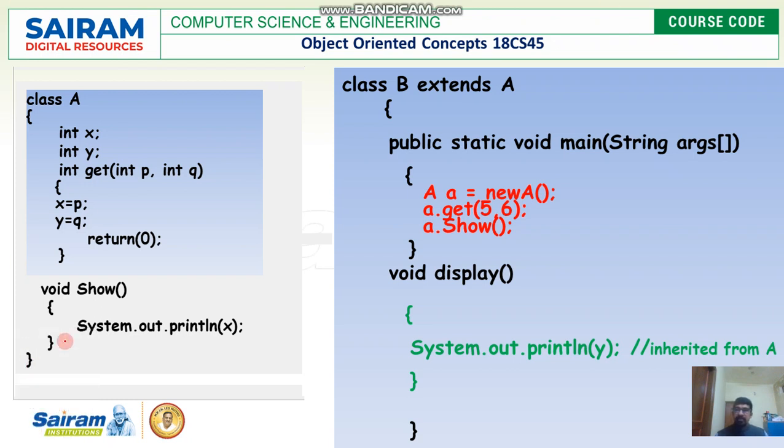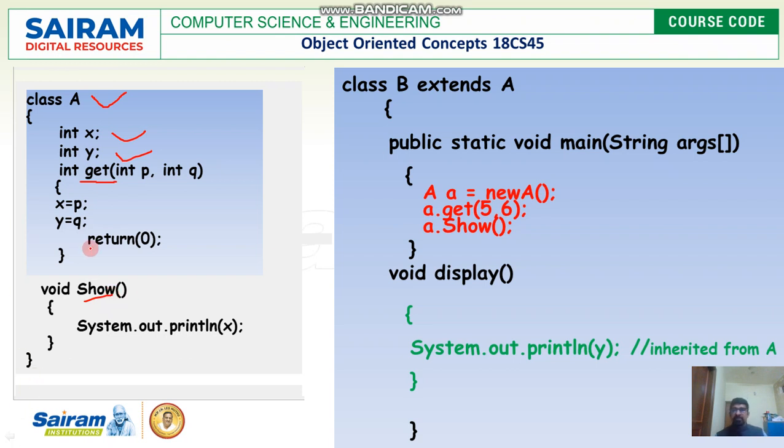Class A has two instance variables, x and y, and a method called get, and another method called show. So we have a class A with two instance variables, or data members, and two member functions, which we call methods in Java.